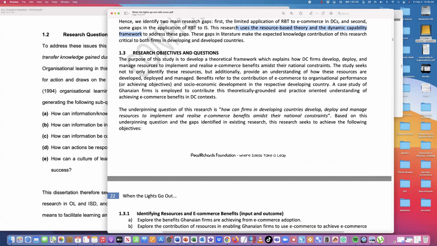The purpose of the study is to develop a theoretical framework which explains how DC firms, that is developing country firms, develop, deploy, and manage resources to implement and realize e-commerce benefits amidst their national constraints.